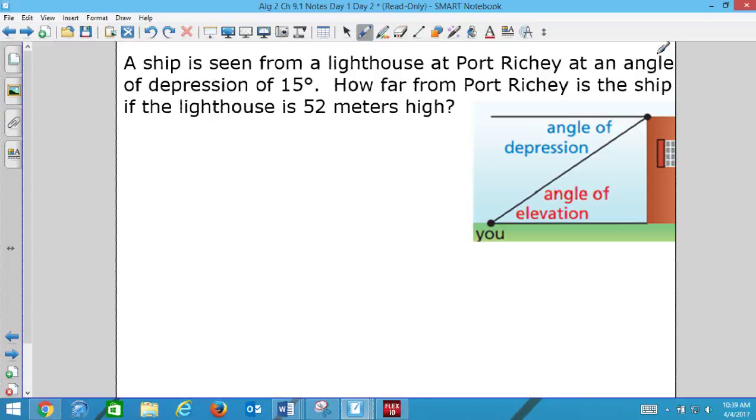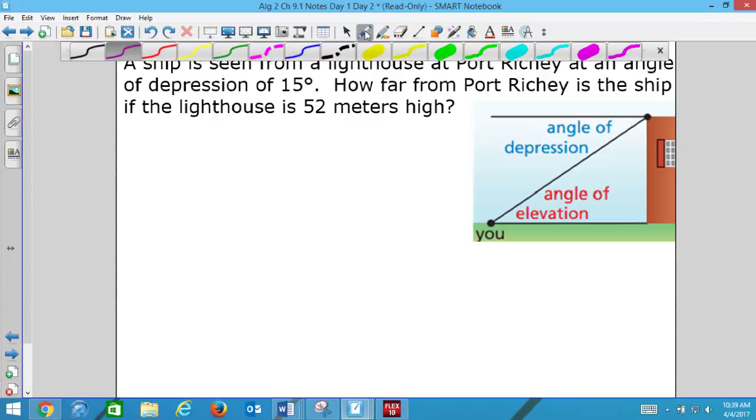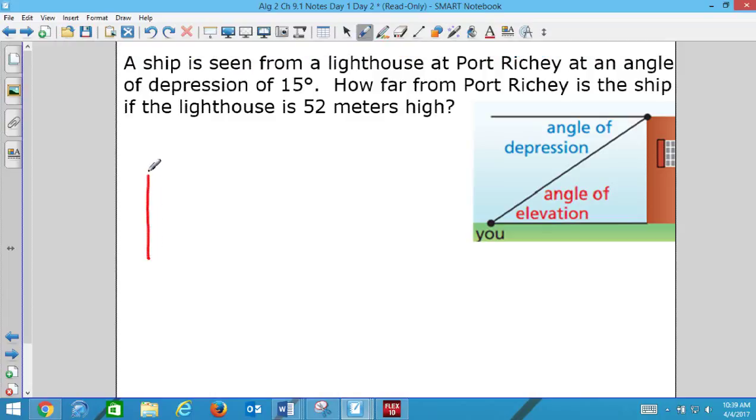There is a boat involved. There's also a lighthouse involved. They look like this.